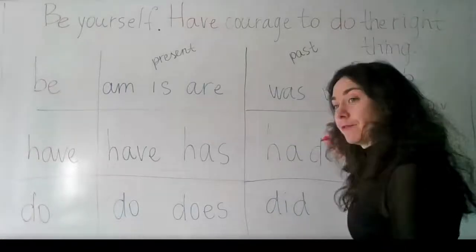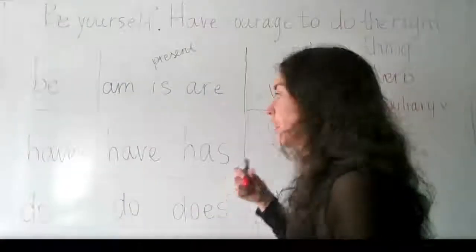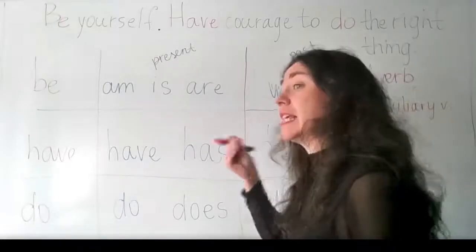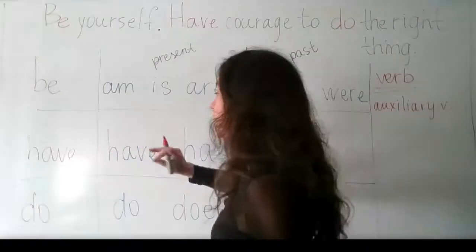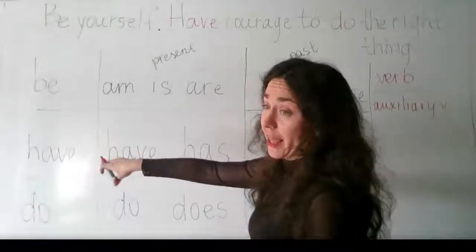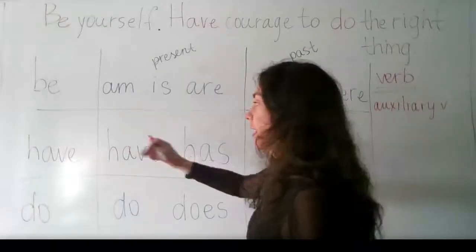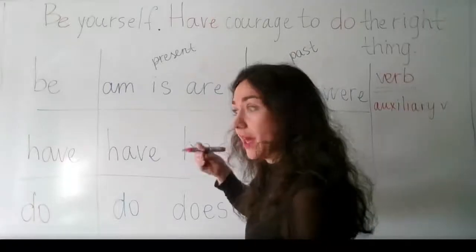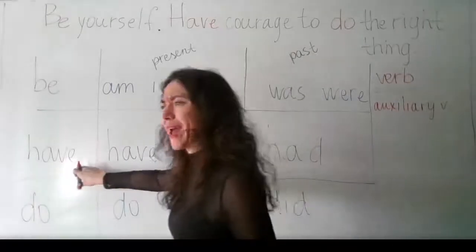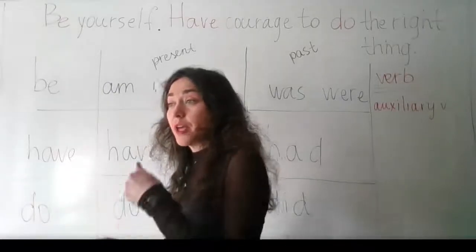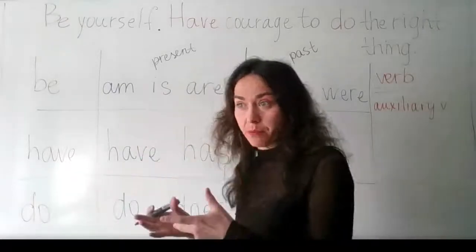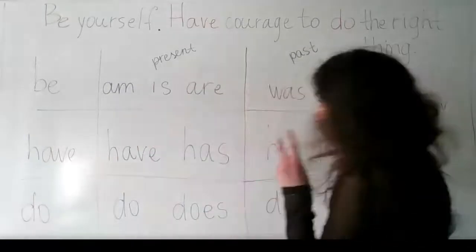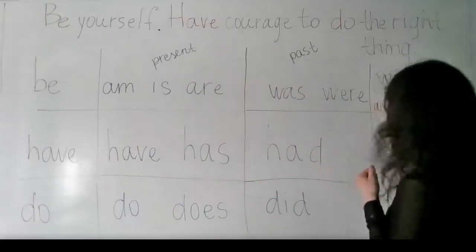This kind of verb helps you to build the tense form to say something. For example, I mentioned I have a boyfriend, and then I say, I have read the book already. I have read. So in fact, I do not speak about having a book. I speak about reading a book. I have read the book. Completed action. So you see in this second example, have will be an auxiliary verb.